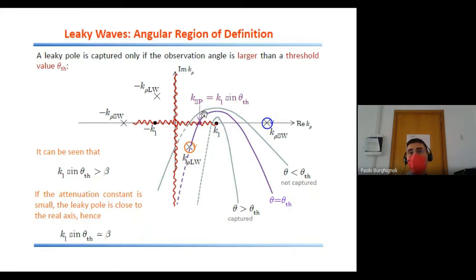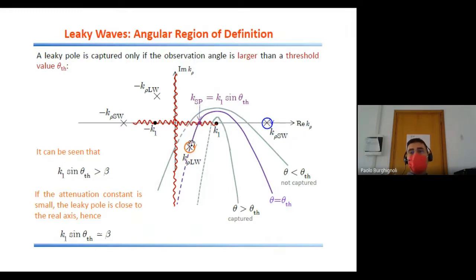That's the purple one, associated with this particular saddle point, K1 times the sine of this threshold angle. Since this saddle point, as you can see in the figure, is on the right of the leaky wave pole, because of the shape of the steepest descent path, K1 sine theta threshold will be strictly larger than beta, the real part of the leaky pole. However, in many typical situations, the pole will be quite close to the real axis.